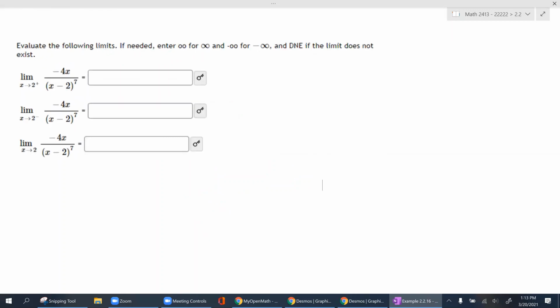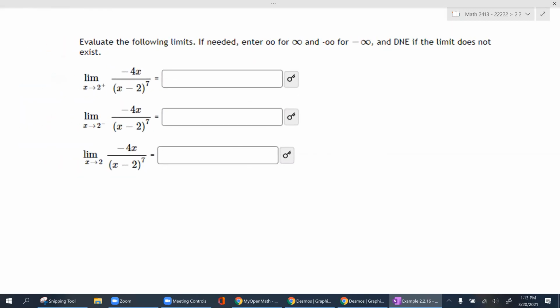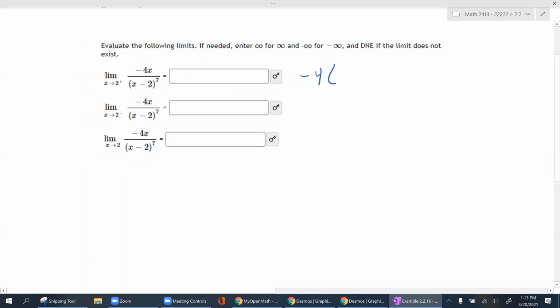So here I have negative 4x, and I'm going to go ahead and plug in 2, but from the right-hand side. My main focus is going to be on the denominator, so that we can visually see what's going on.